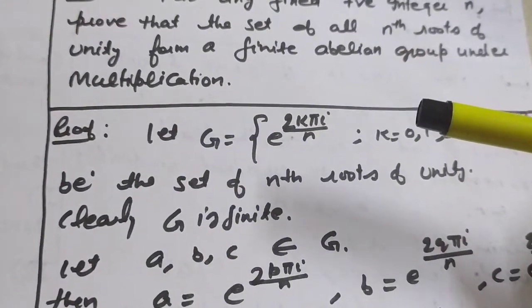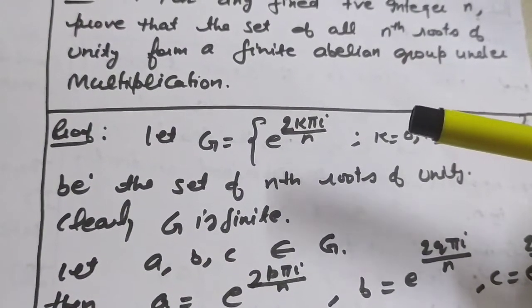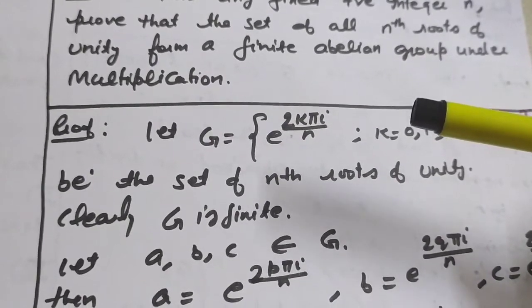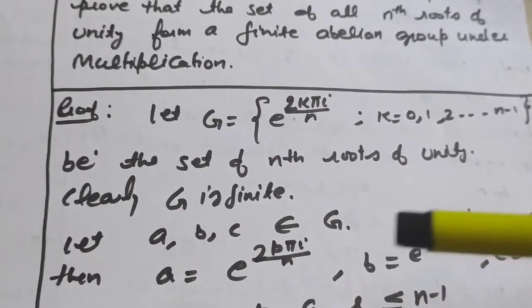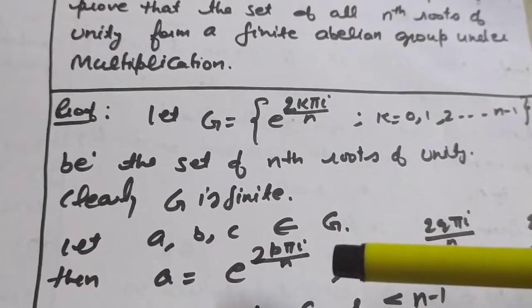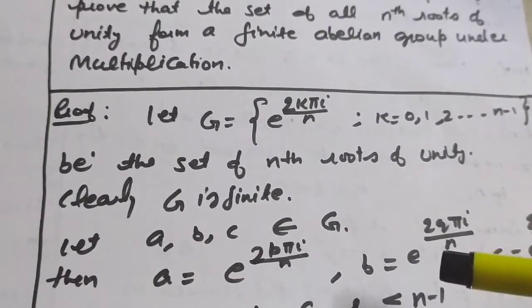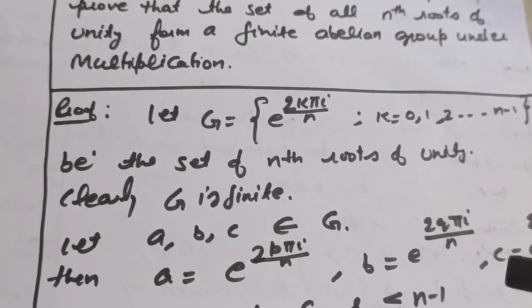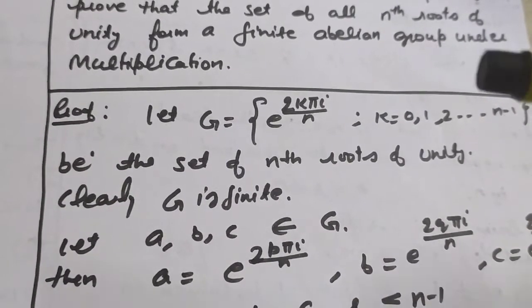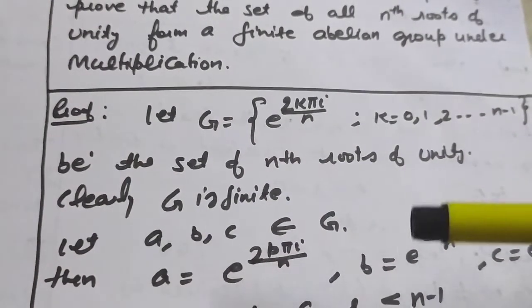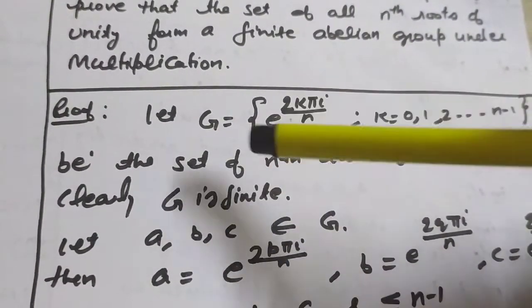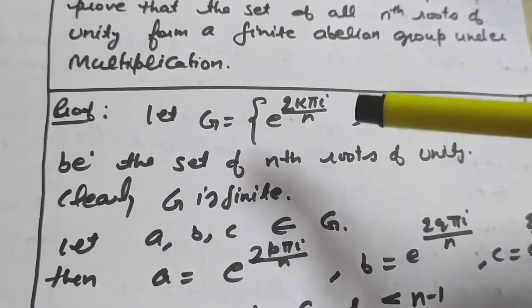For the first property, that is the closure property, you have to take two elements from G. The first element is A equal to e raised to 2p pi iota over n, and B is equal to e raised to 2q pi iota over n. Be careful that you have to take the elements from the given set, and the given set contains the elements in the form of 2k pi iota over n.